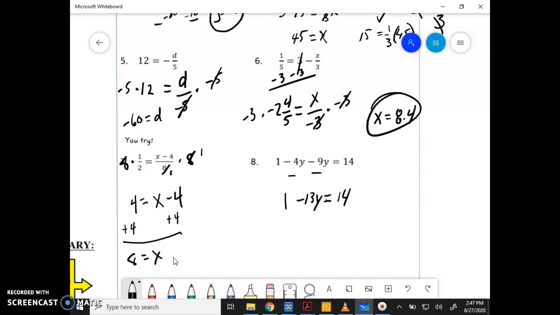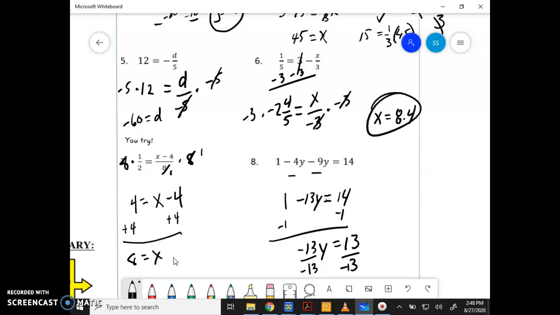I don't want to mess with this variable until this 1 is gone, so I need to get rid of this positive 1 by subtracting it on both sides. I get negative 13y is equal to 13. And the last step here is to divide by whatever this coefficient is in front of the variable.